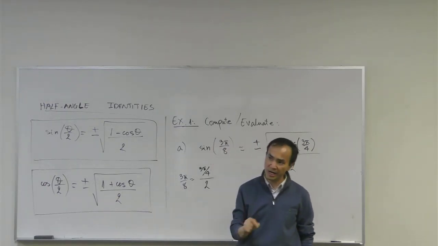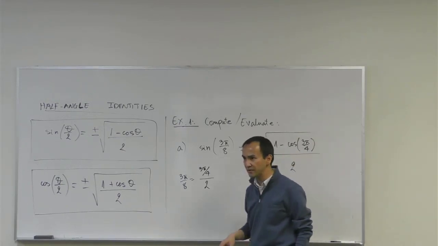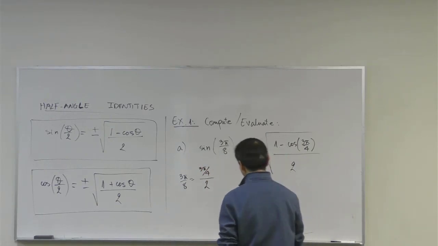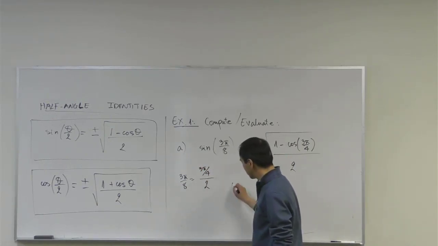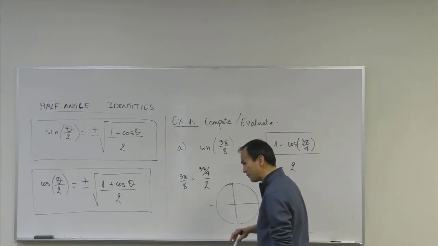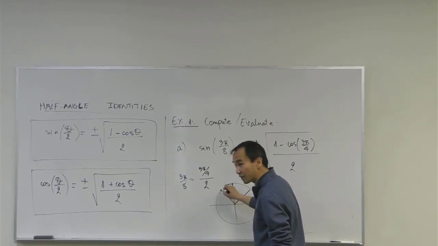Which quadrant will 3 pi over 8 hit? Even though it's nowhere shown on your unit circle, think about drawing the unit circle. 3 pi over 8 is half of 3 pi over 4. 1 pi over 4, 2 pi over 4, 3 pi over 4 is about here, right?